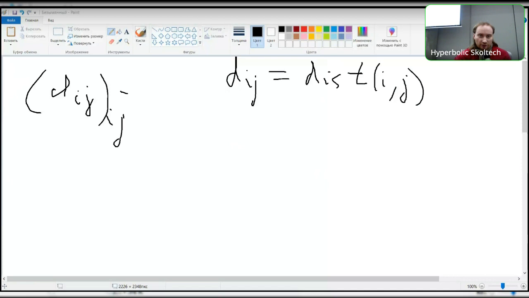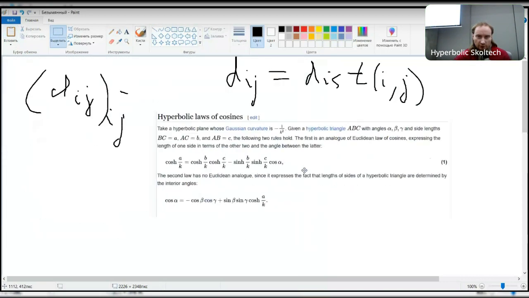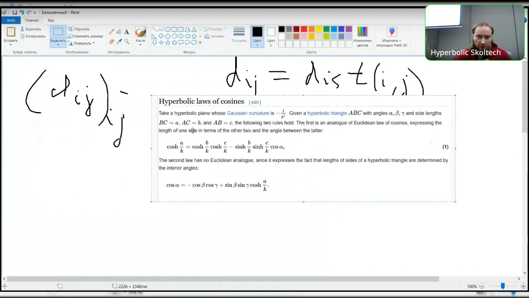So we just use a formula for, let me find it actually. Yeah, here. So I will just copy.